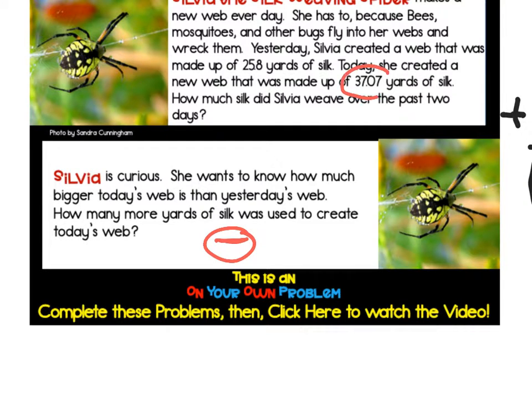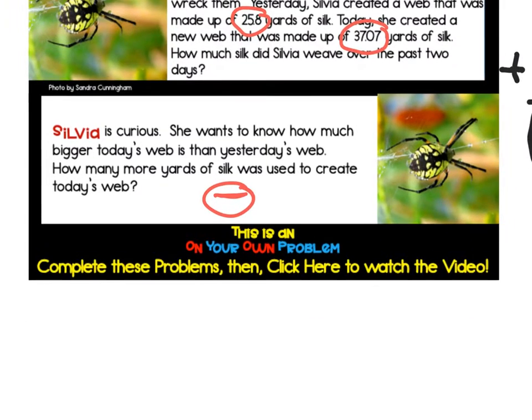And we're going to take the 37.07 because that is the bigger number, right? And then we're going to subtract the 25.8. So let's go ahead and get started doing that right here.